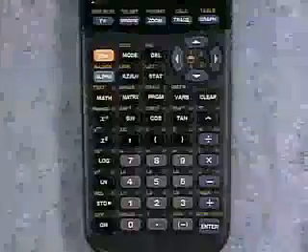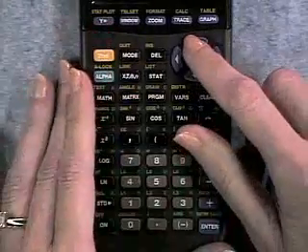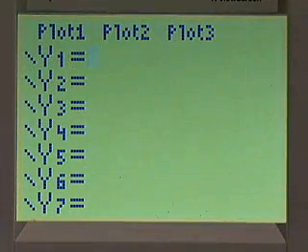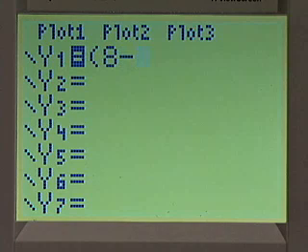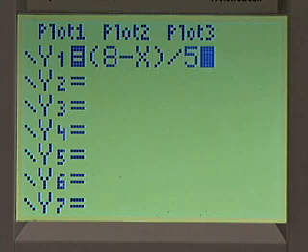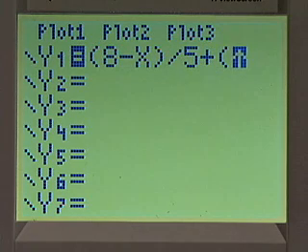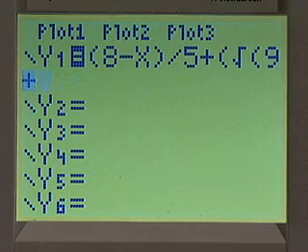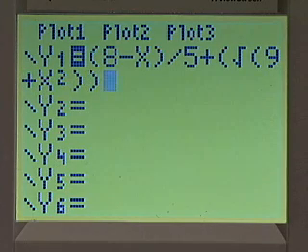Let's graph the function in our standard window. So we're going to insert 8 minus x divided by 5 plus, in parentheses, the square root of 9 plus x squared, we need to close the parentheses twice here, divided by 2.